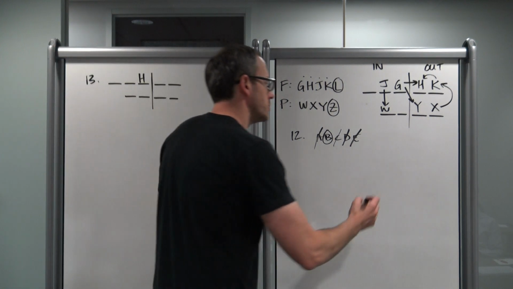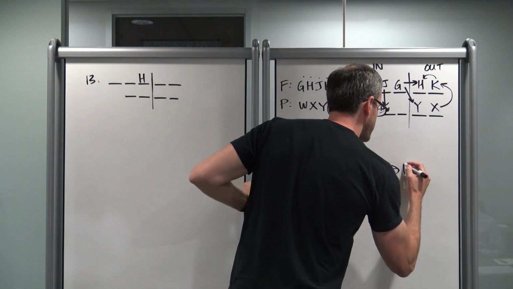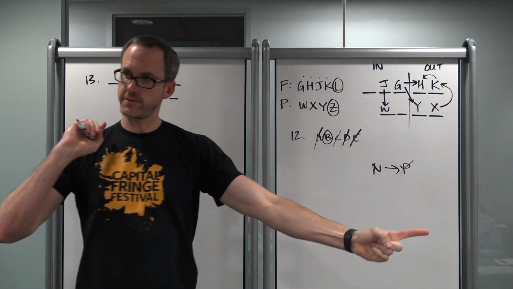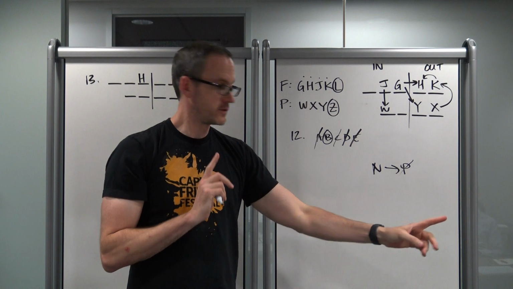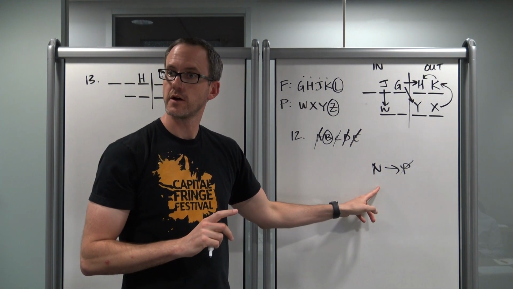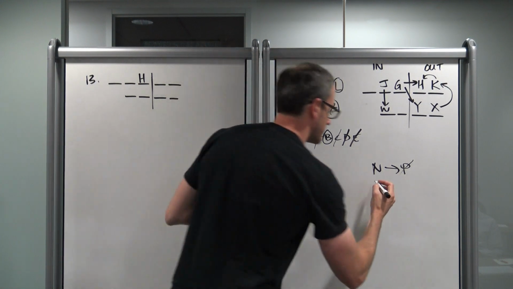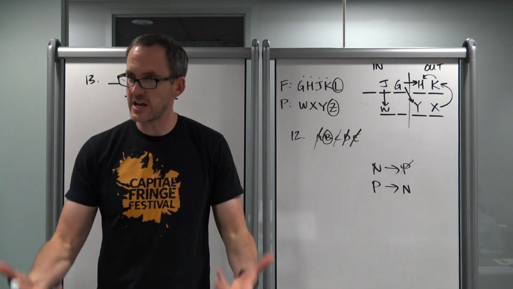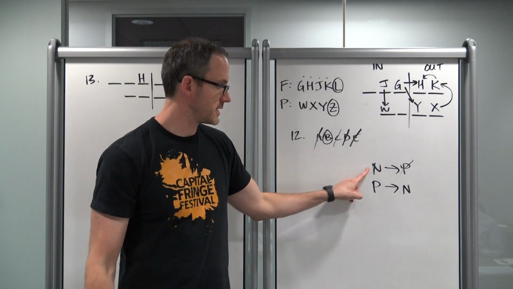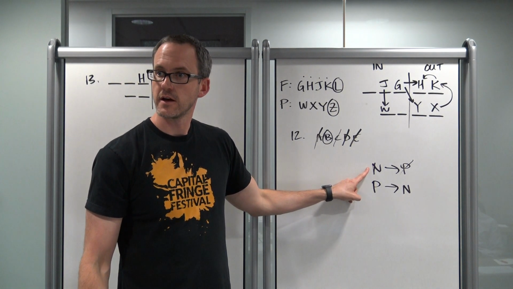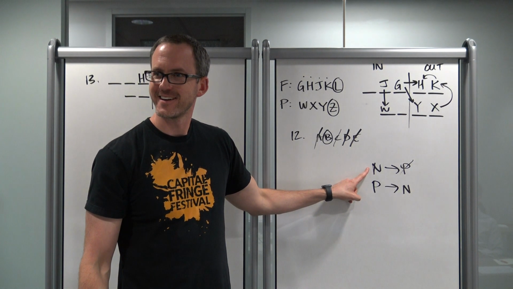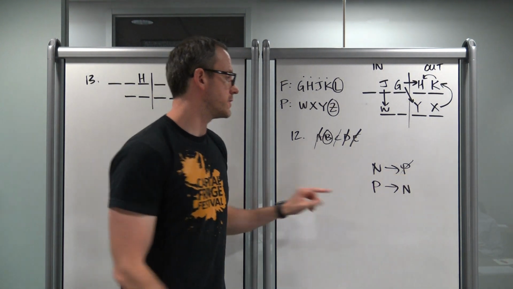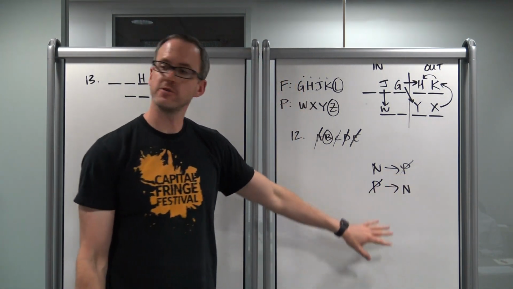Sure. If the rule is if N then not P, then you want to flip both. Flip means P comes over here and N goes over there. So then your letters would be P and N, and now you have to do the negation. If you left it as not P then N, have you negated it?